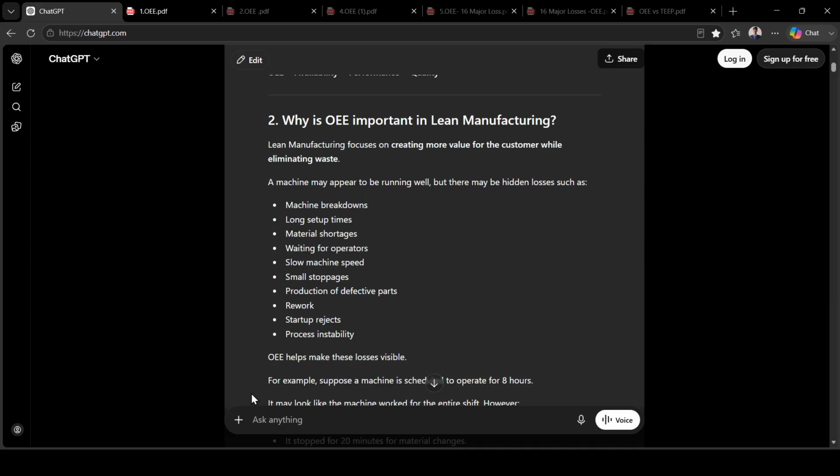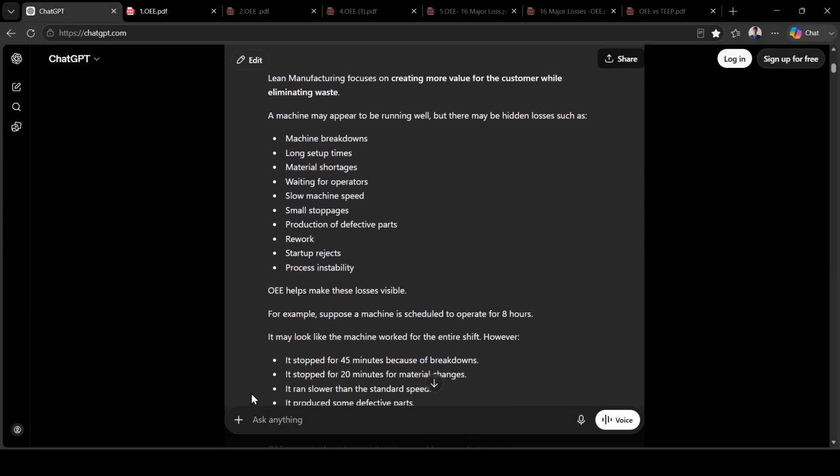A machine may appear to be running well, but there may be hidden losses such as machine breakdown, long setup times, material shortages, waiting for operator, slow machine speed, small stoppages, production of defective parts, rework, setup rejects, process instability, and that type of factor. OEE helps make these losses visible.